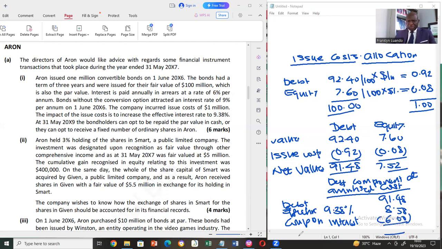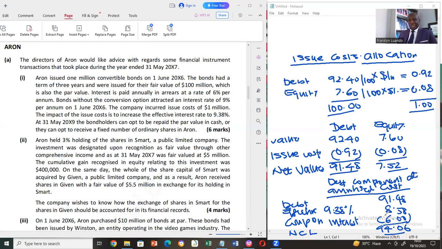So the amount to report in the statement of financial position as non-current liabilities is 94.06.